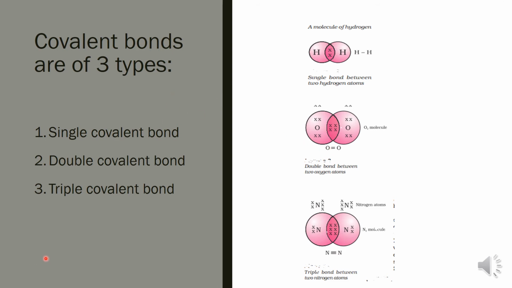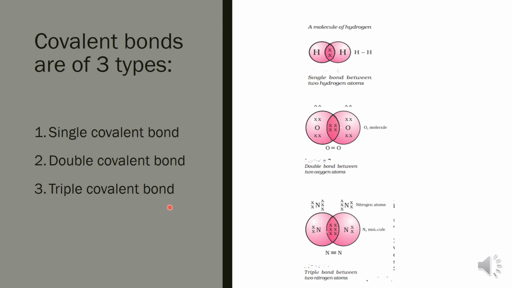Now the third category is the triple covalent bond. Children, triple covalent bond. In case of triple covalent bond, what will happen? Triple covalent bond is formed by the sharing of 3 pairs of electrons in between 2 atoms.